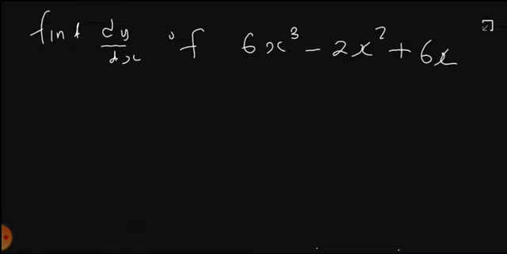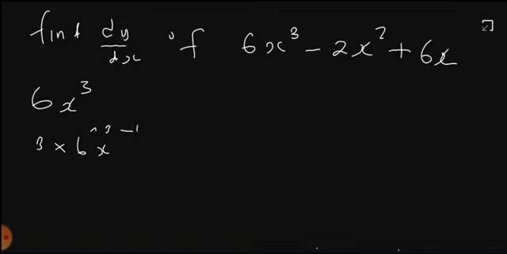So 6x to the power 3, how do we differentiate it first? Just that part. We know that this is the same as 3 times 6x to the power 3 minus 1.